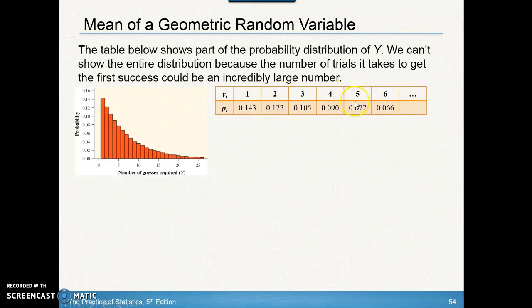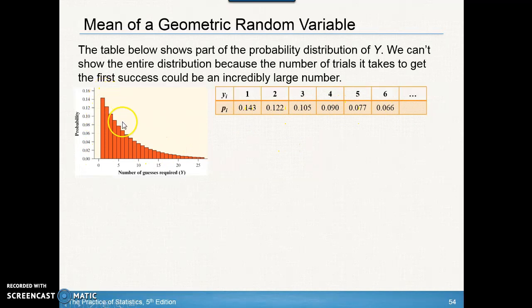Y equals 5 would mean that you have 4 failures and 1 success on the 5th trial. Probability that y is equal to 6 means I have 5 failures and 1 success on the 6th trial. Now notice how the probabilities are decreasing as the number of trials gets larger, because you're multiplying more failures together and only 1 success on the last one to get this decimal. So notice how the decimal is getting smaller and smaller.